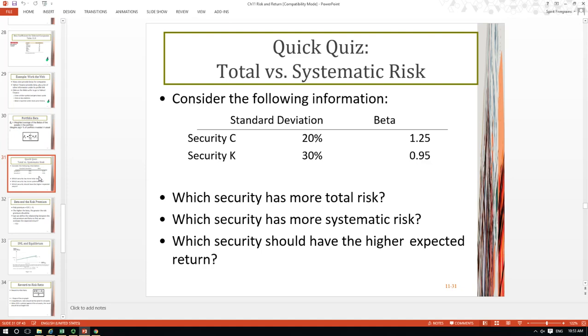But look, if investors have diversified portfolios, only market risk matters, right? And only market risk can be rewarded with future return. So here, investors should expect to receive higher return in C than K because C has higher beta.